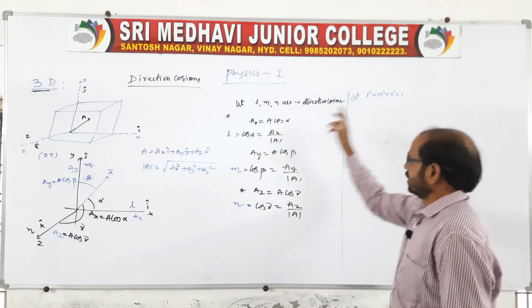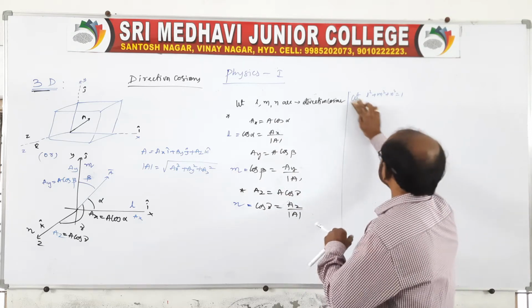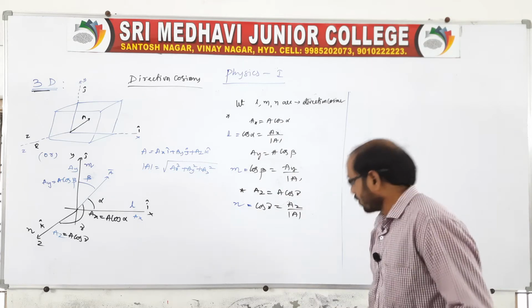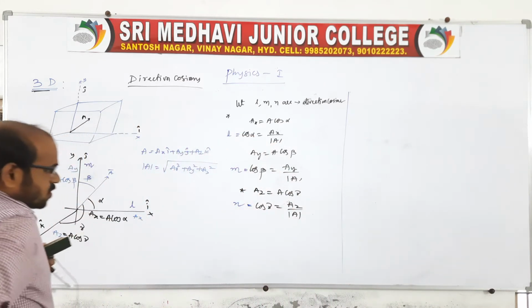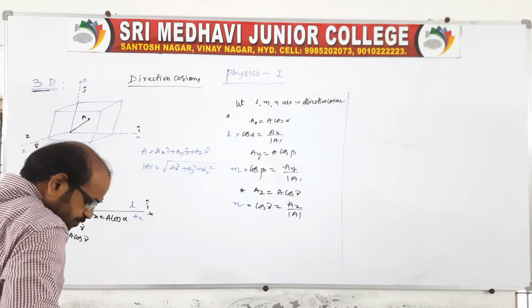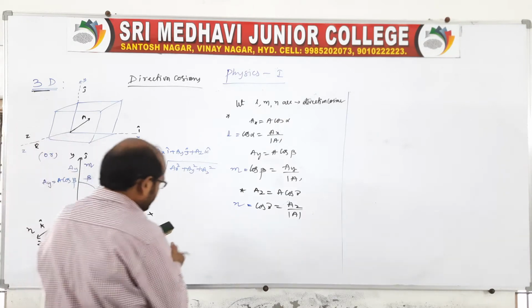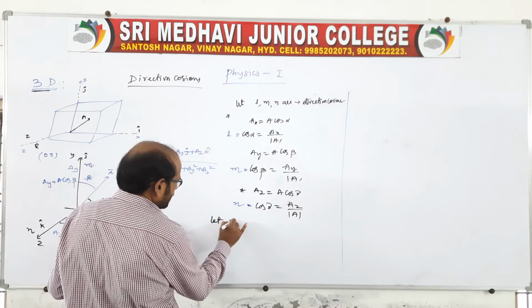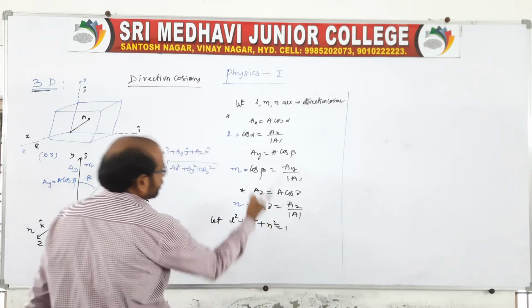Okay. Now, L is represented as cos alpha, M is represented as cos beta, and the last one, N, is represented as cos gamma, right? Here you write that L square plus M square plus N square is equal to 1. What is L here?